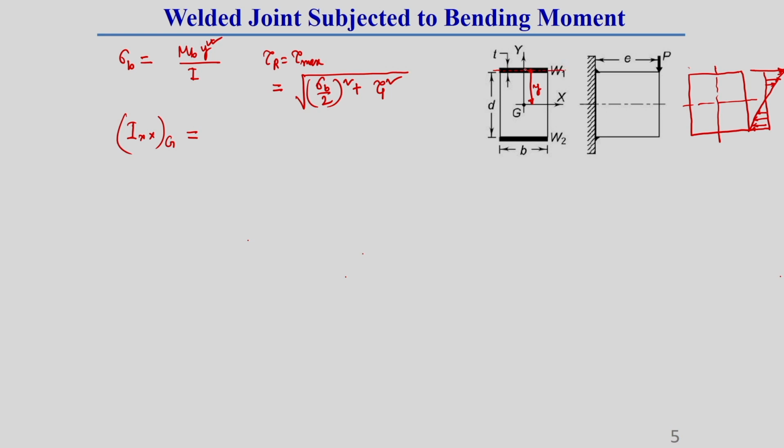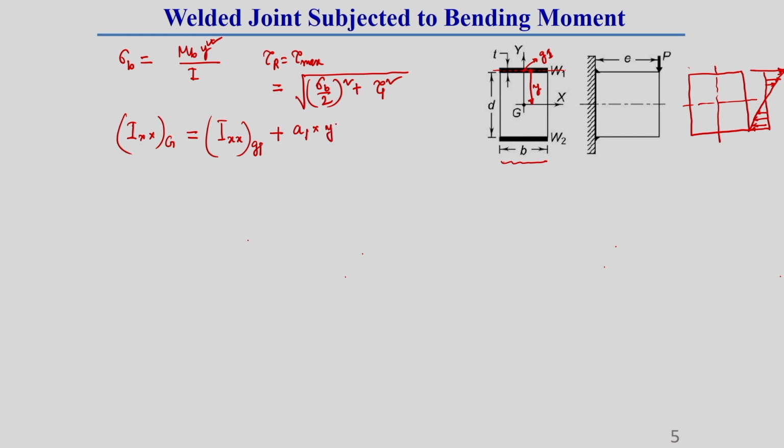The x axis is not passing through the CG of the weld. Let this be the CG of the weld, which I am representing as a small g1. About g1, the weld has a breadth b. So, Ixx is the moment of inertia about its own axis g1 plus, according to the parallel axis theorem, the weld cross-sectional area A1 into the square of the perpendicular distance between the x axis and the weld axis.